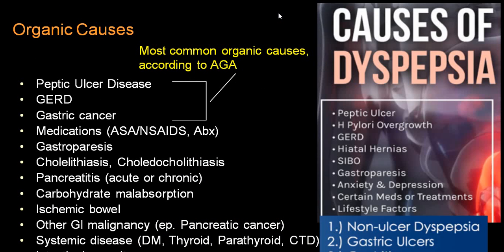So in organic causes, there is a big list: peptic ulcer, GERD, gastric carcinoma, drug-induced gastroparesis, gallstones, pancreatitis, malabsorption, ischemic bowel disorders, malignancy, and systemic disease like diabetes, thyroid, parathyroid, collagen tissue disorders, all those groups. And we divide into different groups.